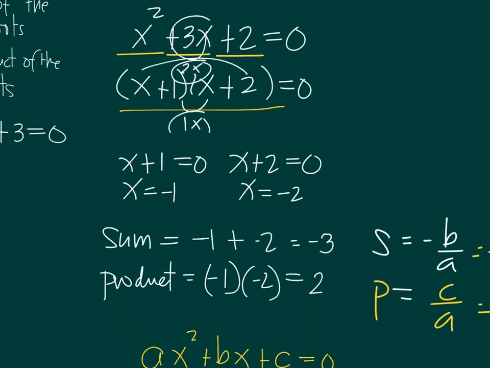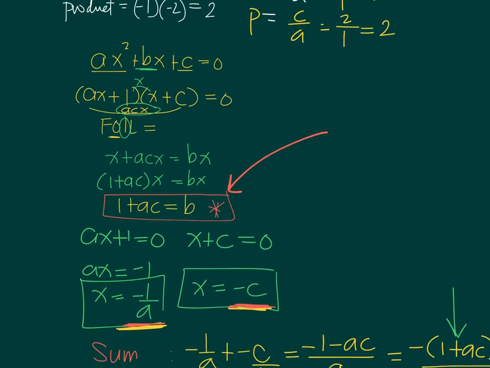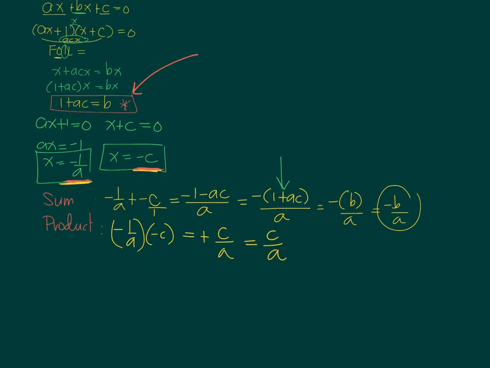Now generalizing that to ax squared plus bx plus c, I was able to show that the sum is really negative b over a, whatever the value of b and a, and the product is c over a, whatever the value of c in ax squared plus bx plus c equal to 0. Okay, so I hope I was able to help you understand why these are the formulas for the sum and the product of the roots.